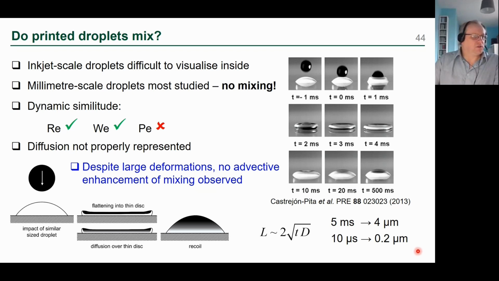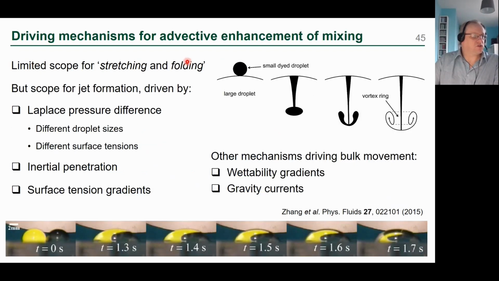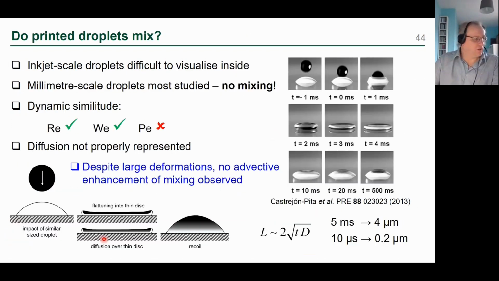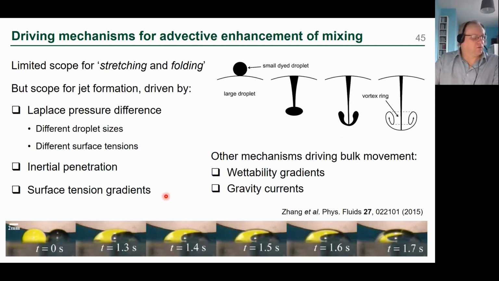And really what you want to do in these situations is try to enhance the diffusion by stretching and folding. That means stretching out this interface and then folding it back on itself to create many striations which diffusion can then act over. But as we've just seen, there's very little scope for that in this geometry.